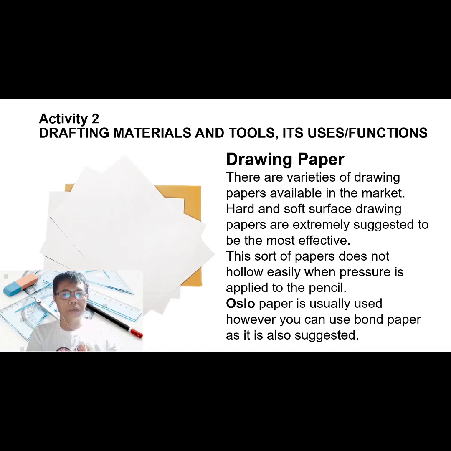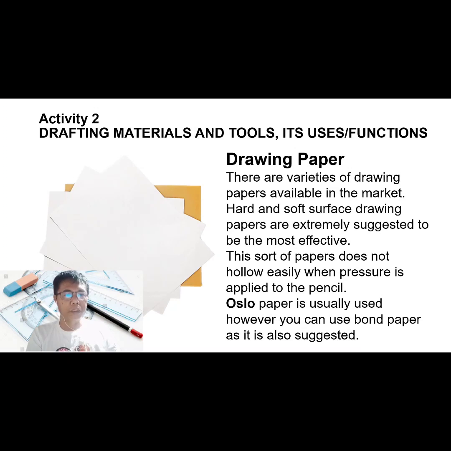functions. The one on the picture is a drawing paper. There are varieties of drawing papers available in the market. There are two general types of drawing paper: hard and soft surface. Drawing papers are extremely suggested to be the most effective.